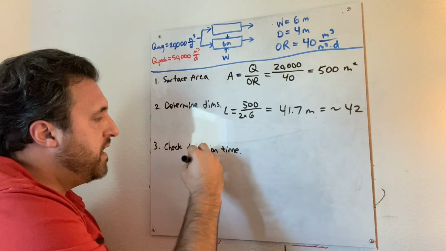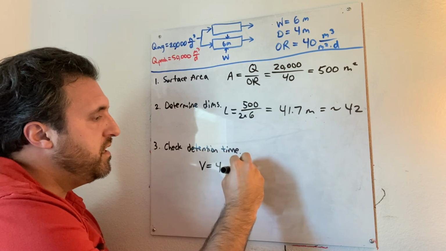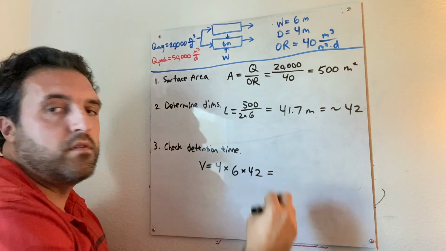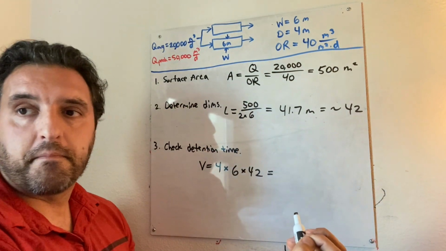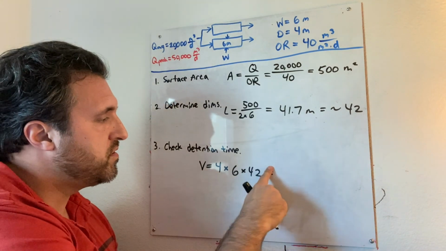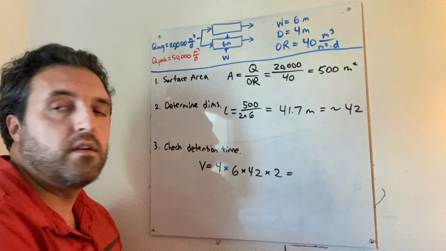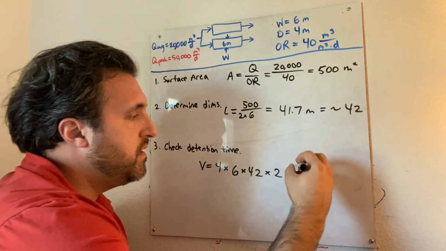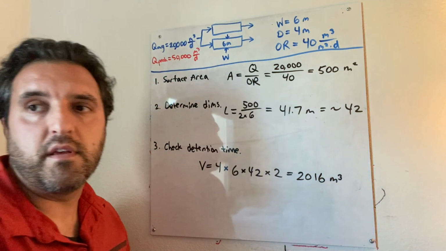We've got the volume equal to 4 meters times 6 meters times 42. 6 times 42, but we're also going to multiply this by 2 because remember we've got 2 tanks, and that is equal to 2016 cubic meters.